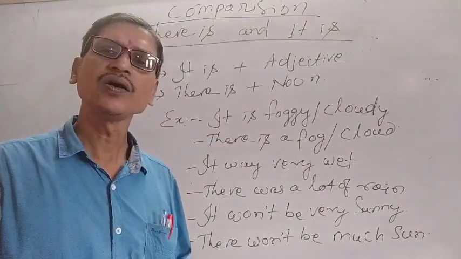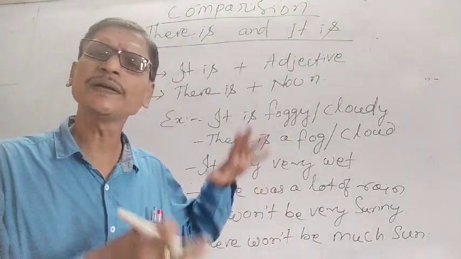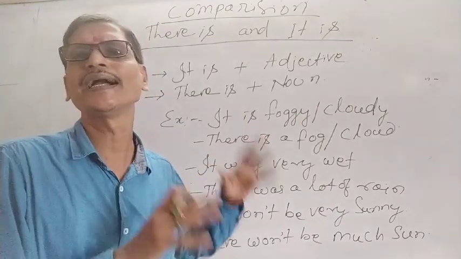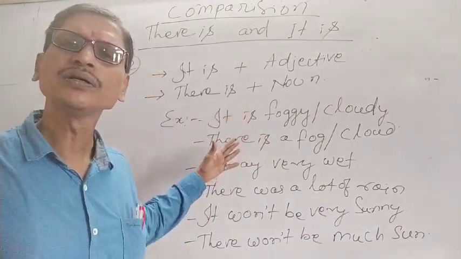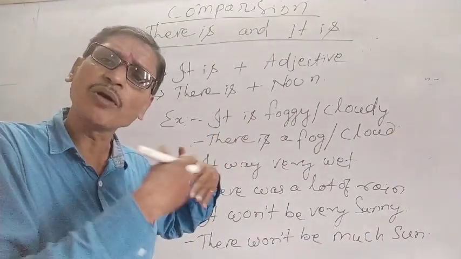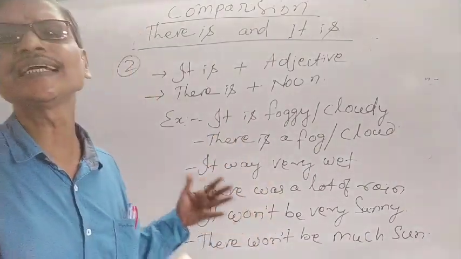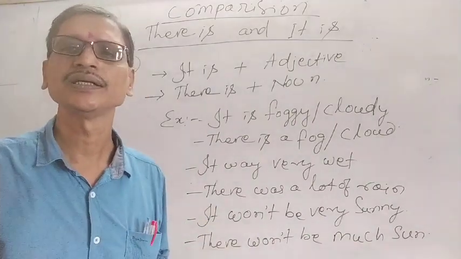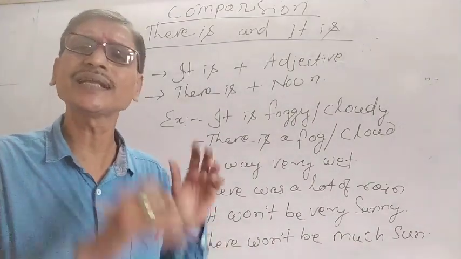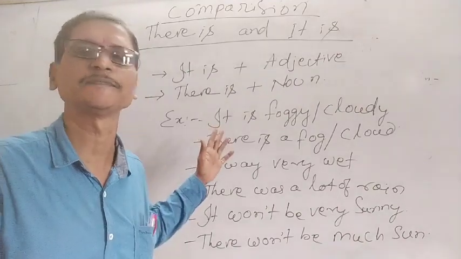Dear students, we have understood the difference between it is and there is previously. Now, in some other cases also, there is a difference between it is and there is. What are the constructions? What are the differences? Let's understand.